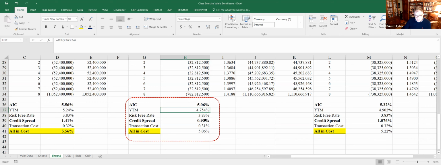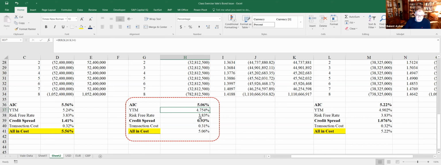So what we found is that in the euro segment, the credit spread that the investors were charging for Vale was 0.93%. So among the three segments, the euro segment seems to be the most advantageous for Vale.